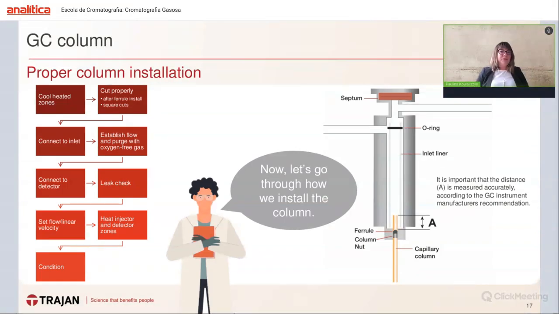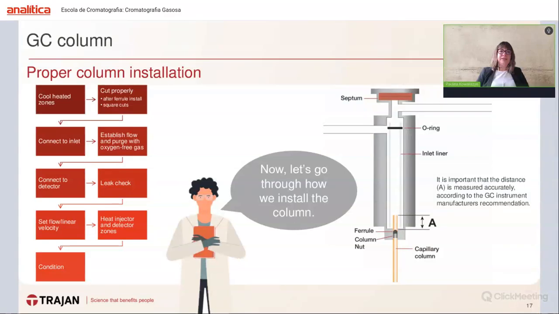So we've got a column, we know what it is and what it does, and now how to install the column in our GC correctly. Here's a diagram of the injection port. I hope you're familiar with the injection port from our last session. The capillary column goes from the bottom into our injection port, and it's held there by the ferrule and the column nut.